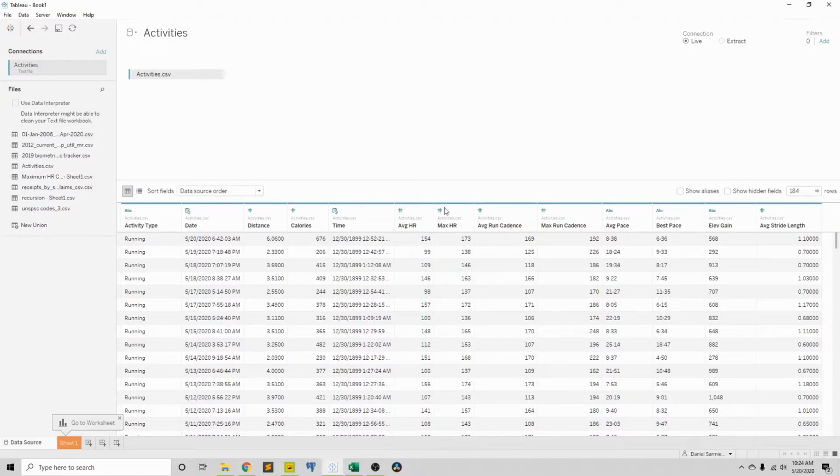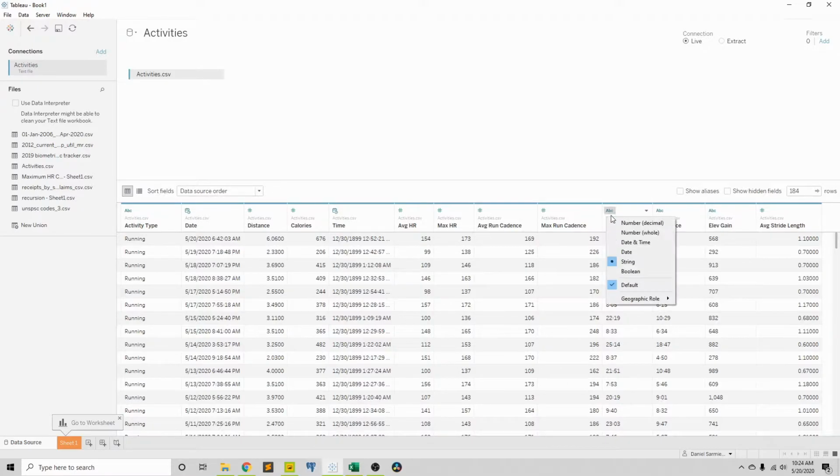Okay, so one thing I noticed before I go into the worksheet is that the pace is, for whatever reason, recorded as or recognized as a string. 8 minutes and 38 seconds per mile is my average pace on this last date. Okay, so my best pace was 6 minutes and 36 seconds per mile.